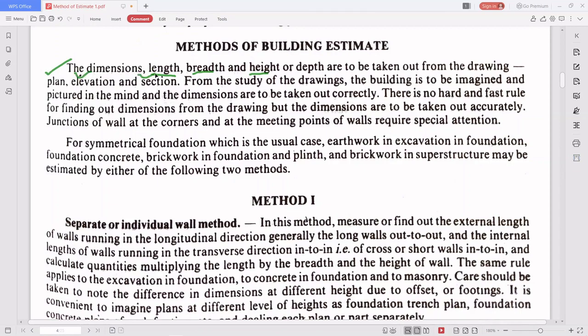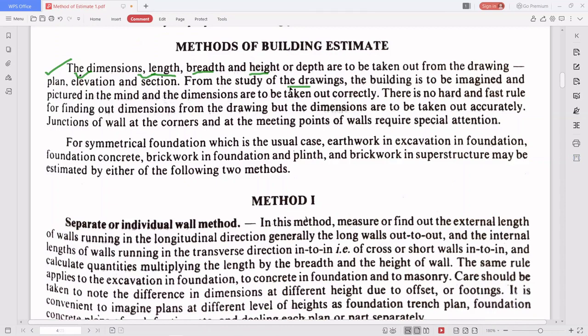From the study of those drawings, you have to picture it in your mind, and how the dimensions are taken out correctly depends on you. So in plan, in elevation, in cross section, whichever dimensions you have to take, it all depends on you. For that, practice is necessary.